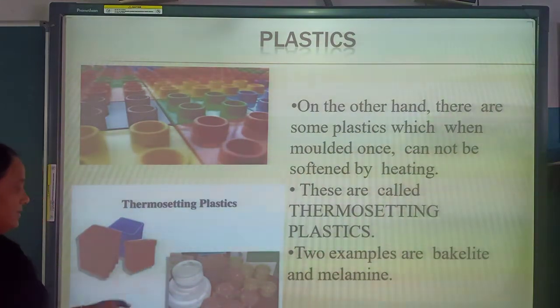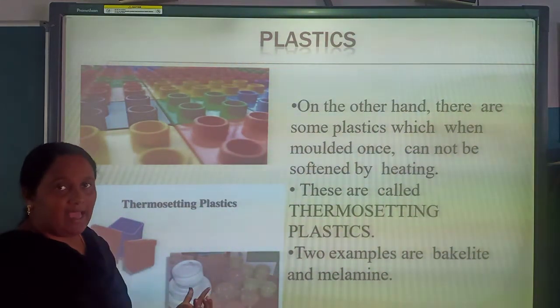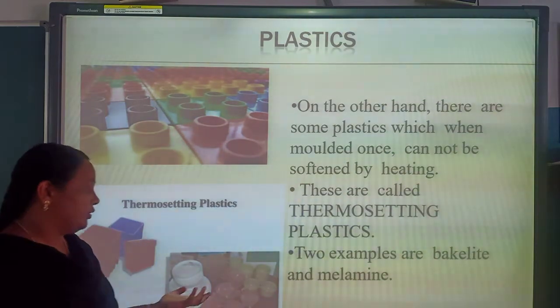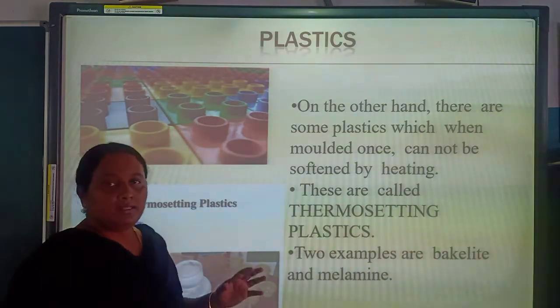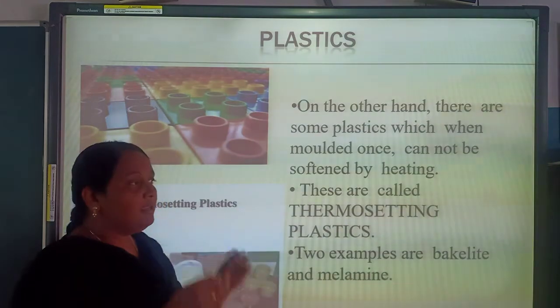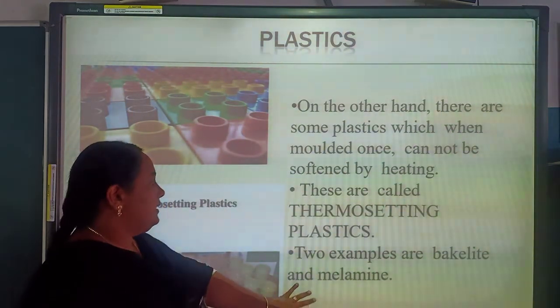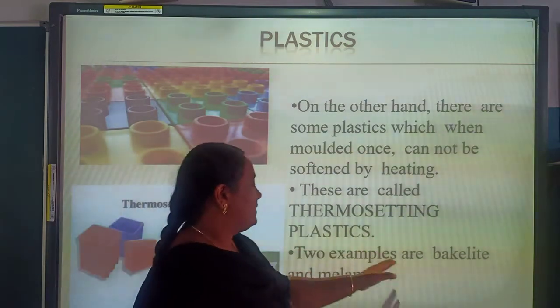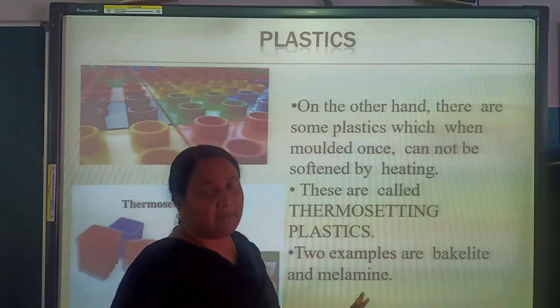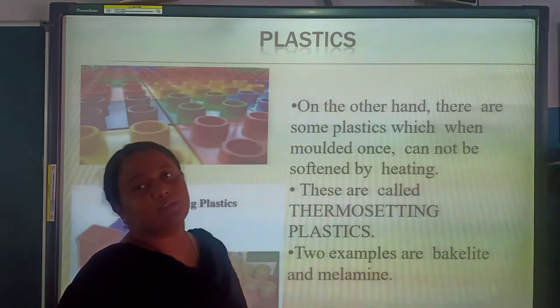Then the dustbins, plates and utensils that we use cannot be heated and molded again easily. The examples of thermosetting plastics are bakelite and melamine. There are many uses of these.